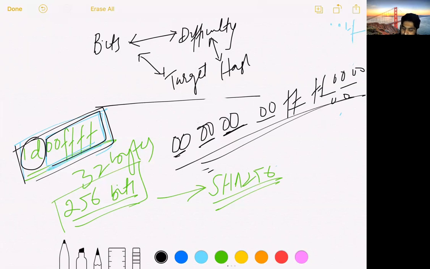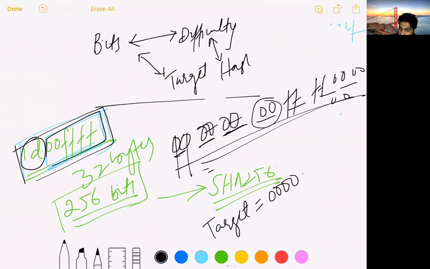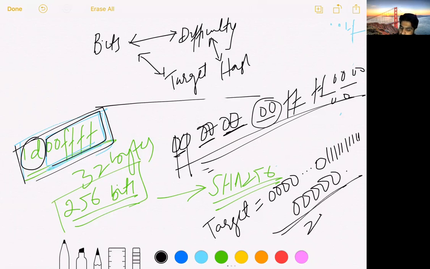That is, the target hash is equal to 32 zeros, because 1 byte, 2 bytes, 3 and 4 bytes, 4 bytes make 32 zeros. Then 16 Fs, followed by the rest of the zeros, so that we have a total of 256 bits.